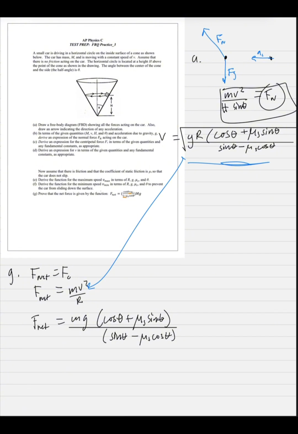What I noticed about the function in part G is that there's a cotangent theta, and you can get that by doing cotangent theta equals cosine over sine. So what I'm going to do is multiply the top and bottom by 1 over sine theta.